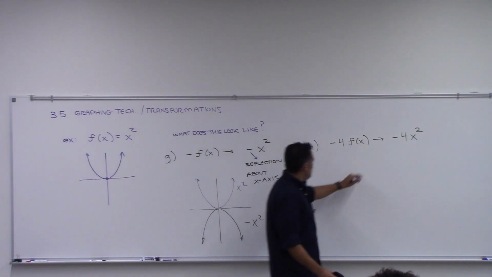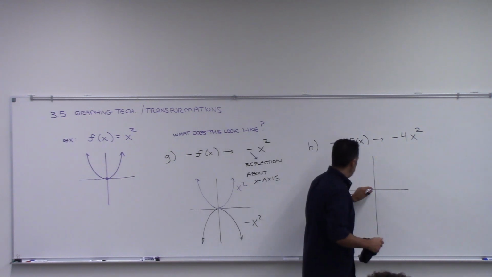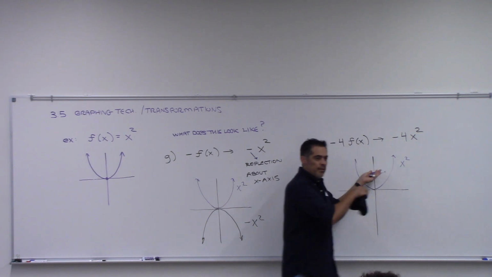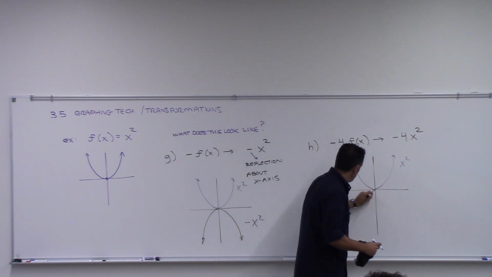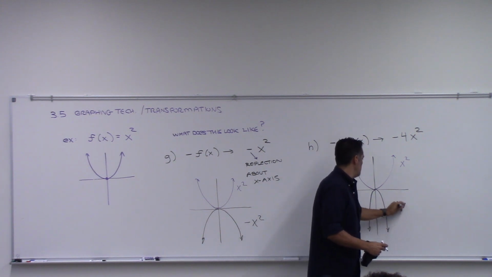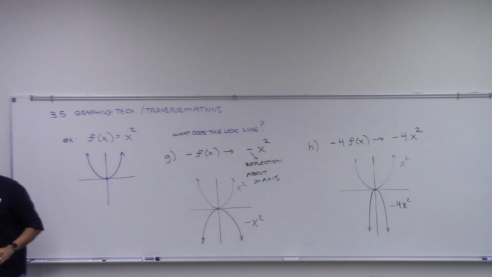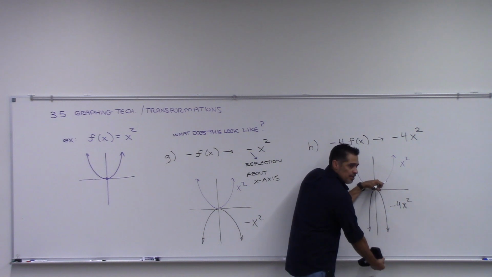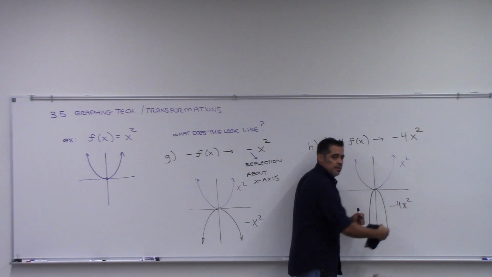So this is going to have the effect of taking our original function, x squared, right? That's x squared. It's going to reflect it and stretch it. So it's going to look like this. Sometimes people will call this vertical stretch a horizontal compression, right?